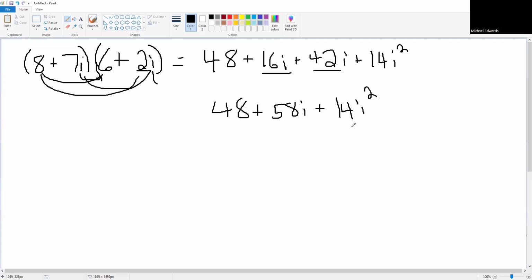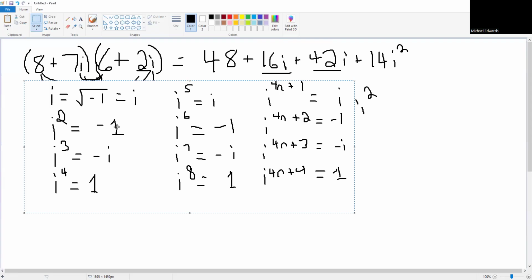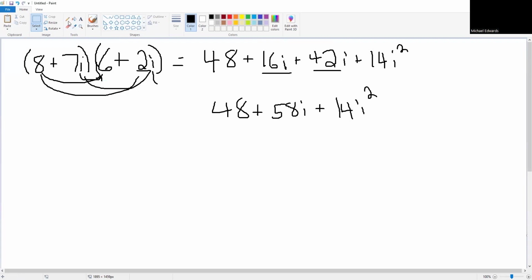Now we know that i squared from this chart right here is -1. So -1 will replace this i squared right here, which we would write out like this and just change the sign to negative. So now we have 48 plus 58i minus 14.